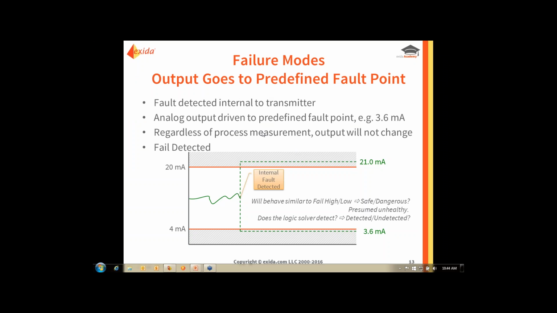What are the residual failures represented in the data is another question here. So the residual failures are failures of components that are part of the safety critical path, but where the failure mode of that particular component has no impact on the actual output, on the ability of the transmitter to perform the safety function.